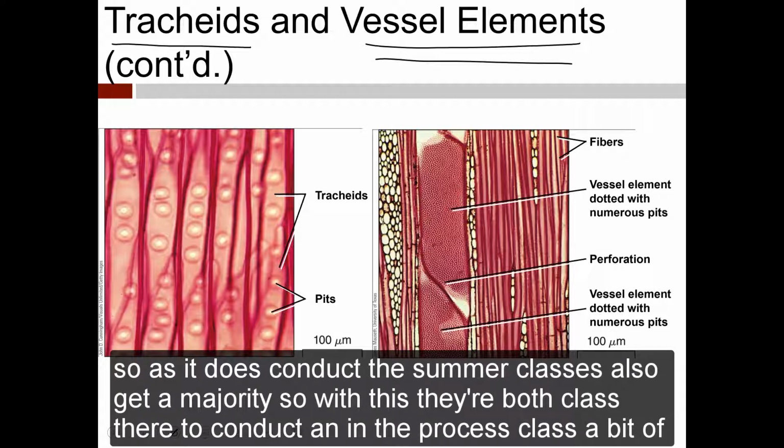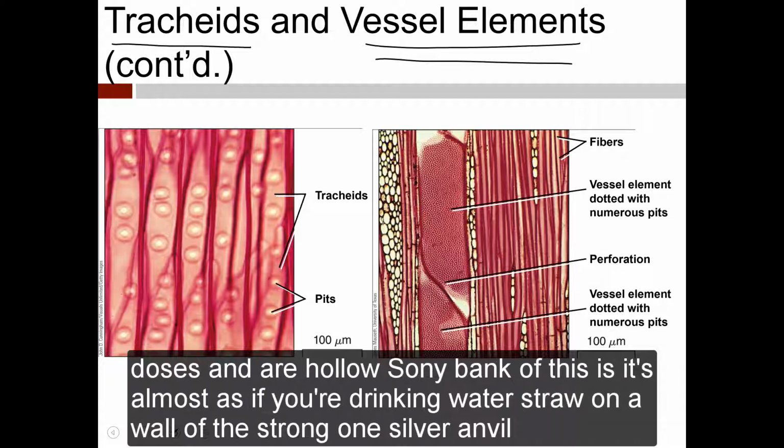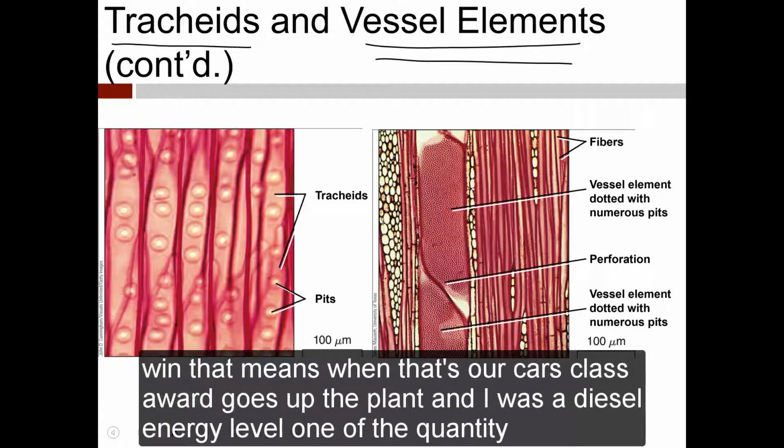The vessel element is also dead at maturity. So with this, they're both there to conduct, and they go through the process of apoptosis and are hollow. So when you think of this, it's almost as if you're drinking water from a straw. I know you all have used a straw once. But that's how it occurs, class. The water goes up the plant, and I would say it uses no energy, but we haven't quite gotten to that point yet either.